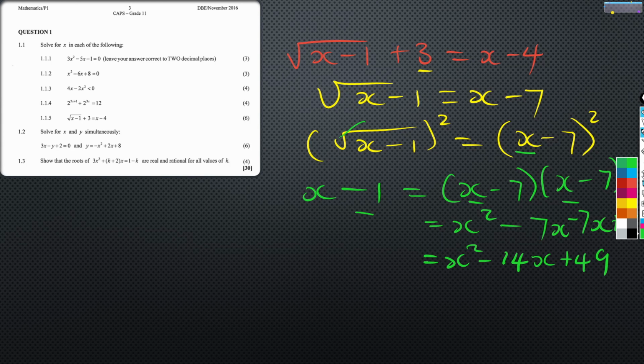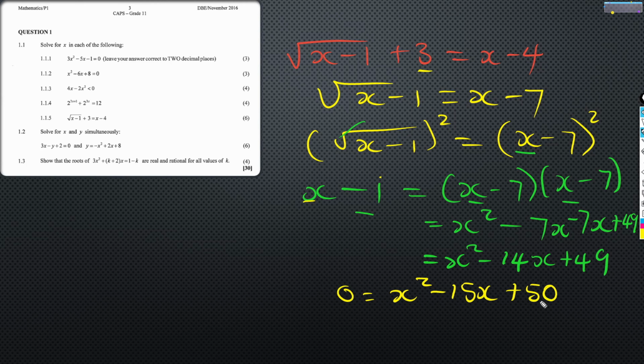So this means that we are going to have 0, which is equals to x squared minus, then this will be negative, and then we're going to get 15, and then this will be positive, then we're going to get plus 50.